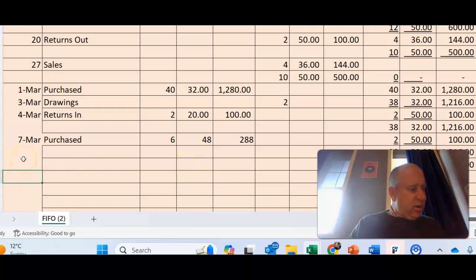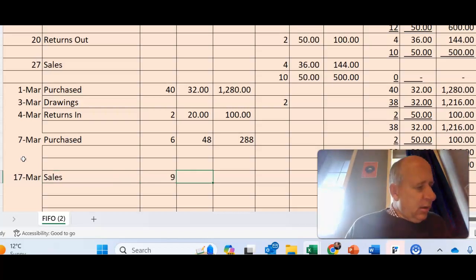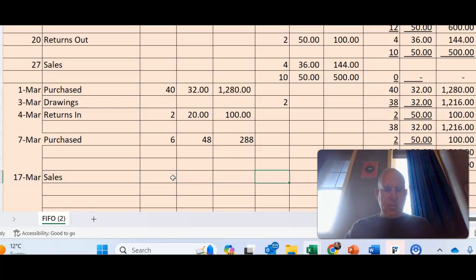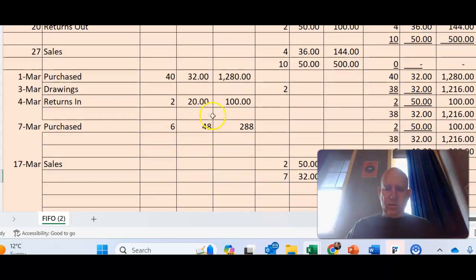On the 17th, we sold 9. And so the price, we've got to get rid of the 2 first. So we're going to sell, this goes out, 2 at the $50 price. And that means, to sell 9, we'd have to sell 7 that we purchased for $32.